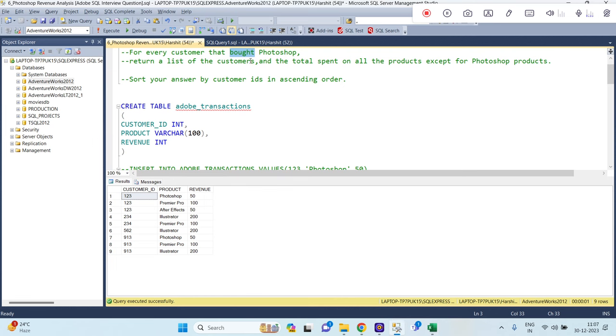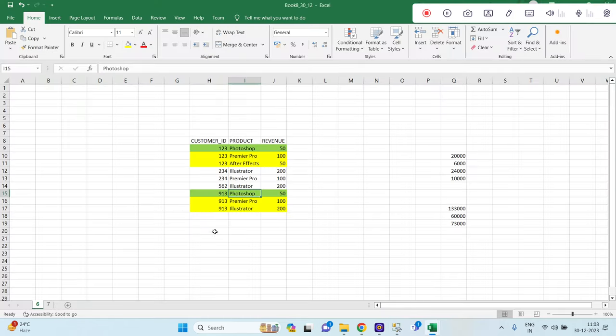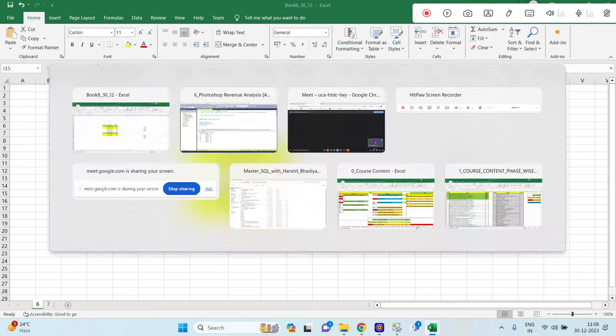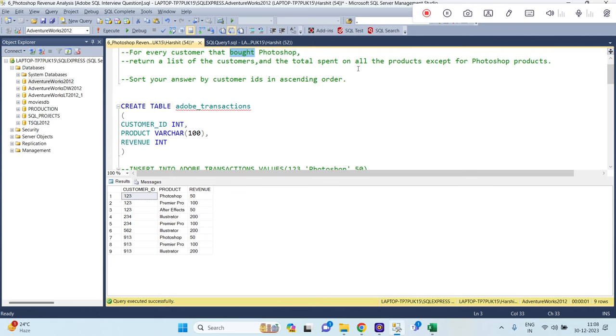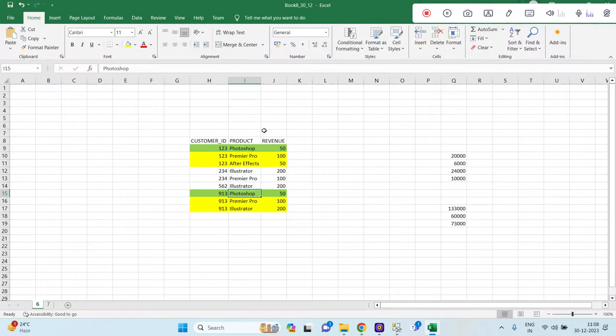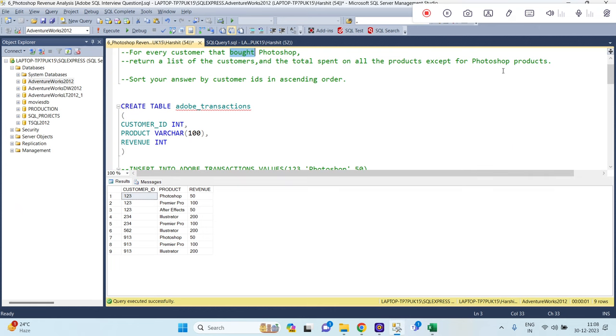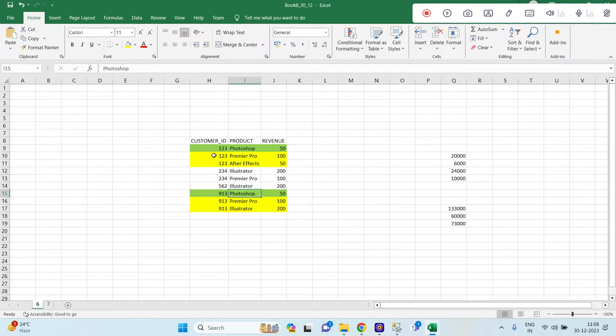Now for every customer that bought Photoshop, return a list of customers. We require the list of customer IDs and the total spent on all the products except for Photoshop products.